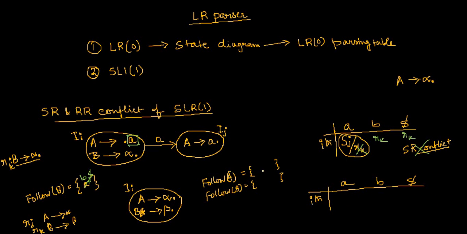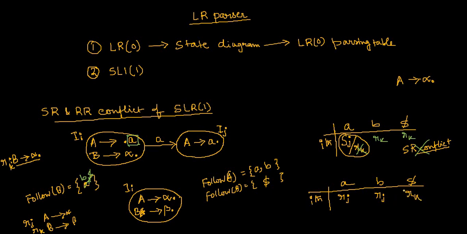Now suppose the situation is follow of A is a comma b, and follow of B is somehow dollar. If it is this situation, then it's okay, fine. I will put RJ over here and RJ over here, because this production rule means Jth production rule, Jth reduced move. And since follow of B is dollar only, under dollar only in ith row I will put RK.